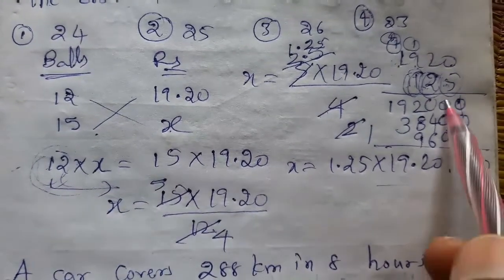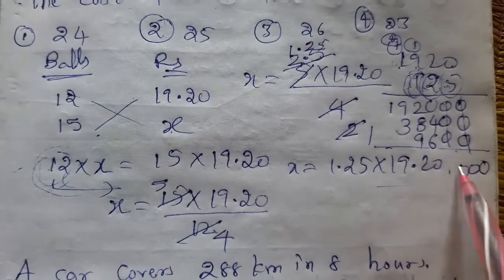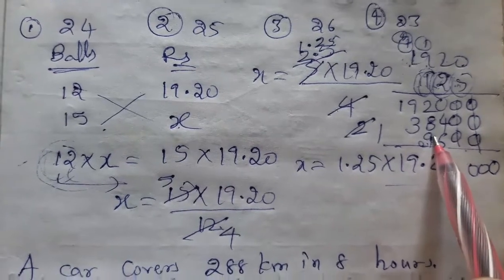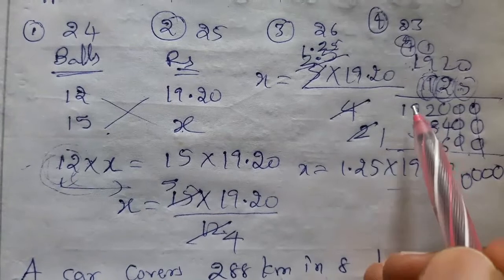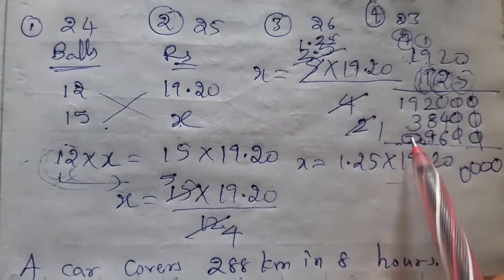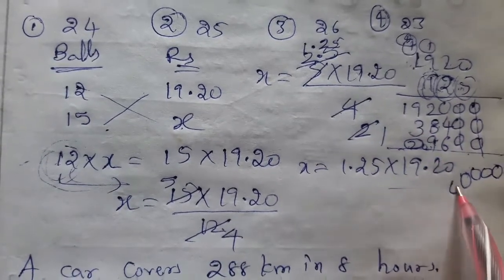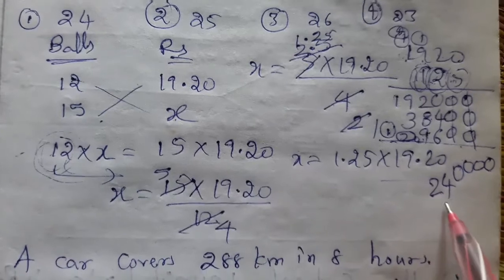This is 0, here also 0. Now 6 plus 4 means 10, 0 and 1 is carry, 1 plus 9 means 10, and 8 is 18, 0 and 2 is carry. Then 5, 5 plus 9 means 14, 4 and 1 is carry, 1 plus 1 means 2.